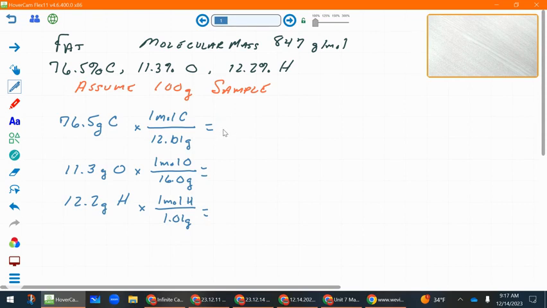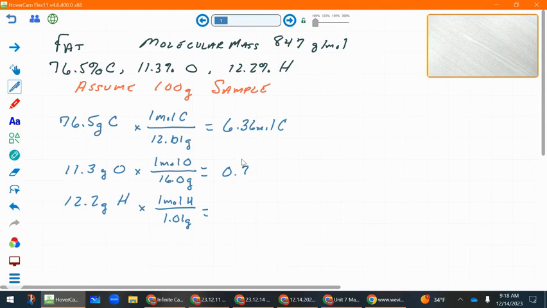Who's got the top one, please? 6.36 moles of carbon. Who's got the middle one? 0.706.